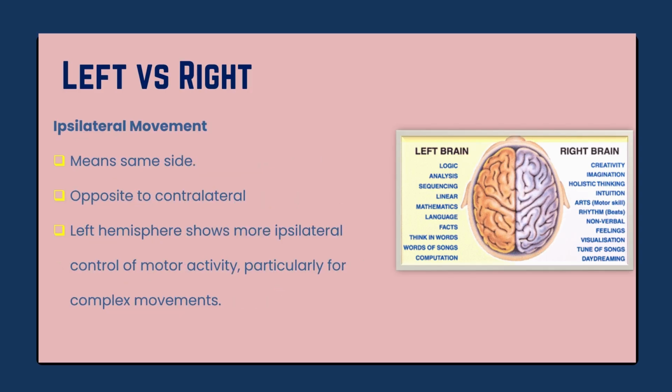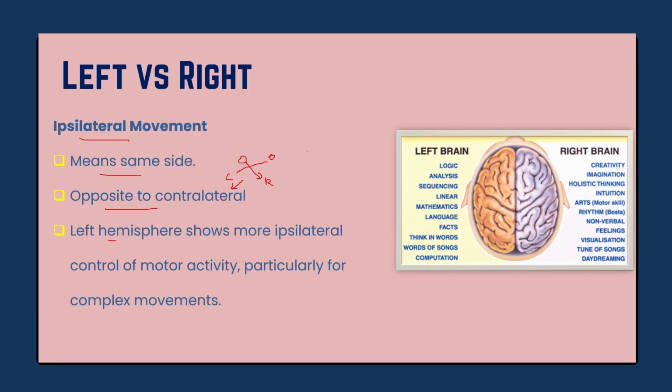Alright. Next we have ipsilateral movement. Ipsilateral movement means same side, movement controlled by the same side of the brain. It's opposite to contralateral, which means that the left brain controls the right part of the body and the right brain controls the left part of the body. This is contralateral. Ipsilateral would be right controlling right and left controlling left. Alright.